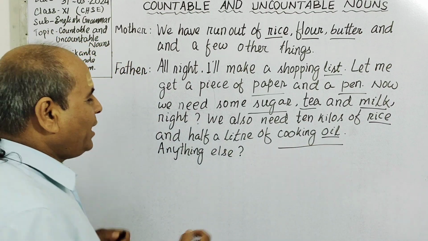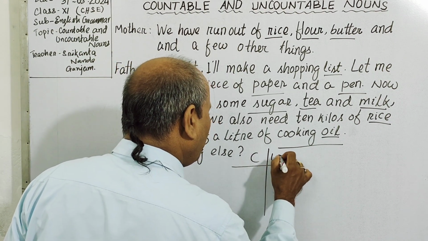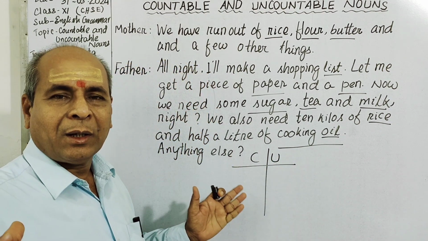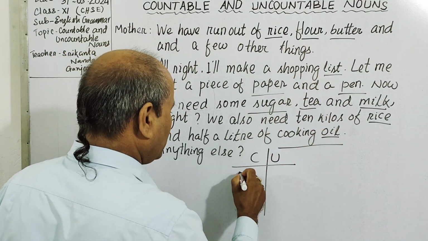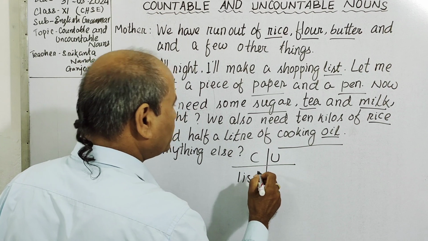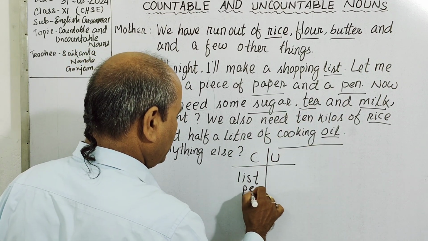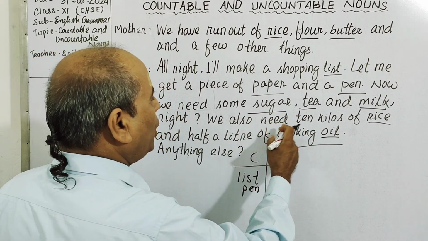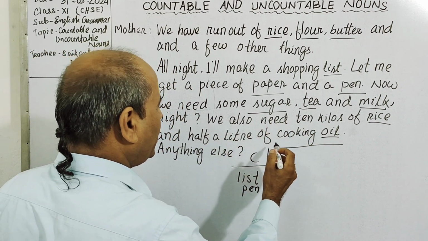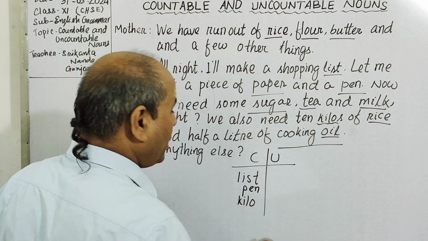So we can make a list like C and U. C means we can count them. What there? Yes, list. Next, pen. We can say kilo also, you can count kilo. What can we not count?